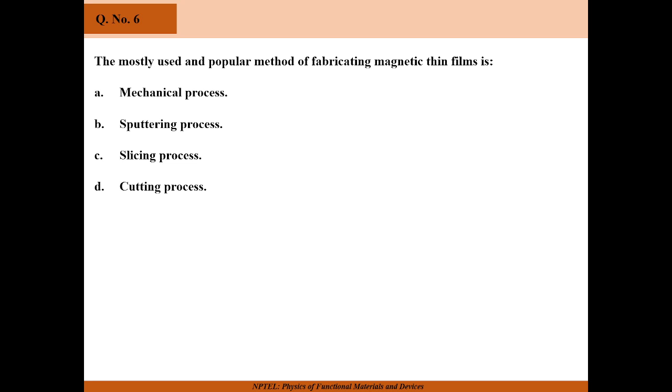The most used and popular method for fabricating magnetic thin films is: magnetic process, sputtering process, slicing process, or cutting process. Which one do you think is the commonly used technique for creating magnetic materials?